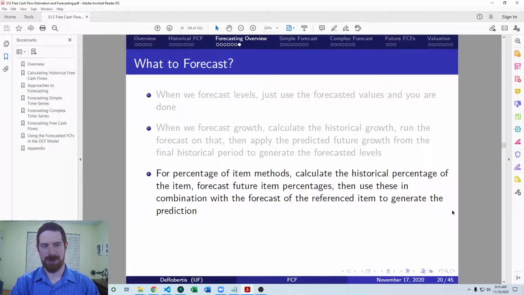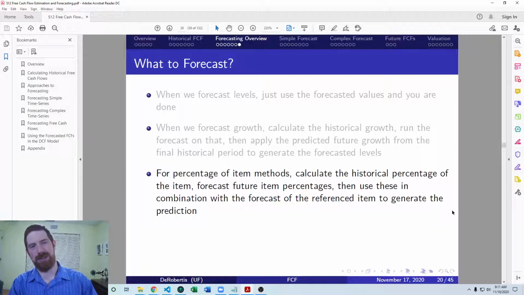Cost of goods sold is almost always forecasted as a percentage of revenue, because as you sell additional products, you also have to increase the cost of producing those products. Basically, it's the variable cost. Each additional unit that you sell, you have to pay for the materials which you use to create that product.